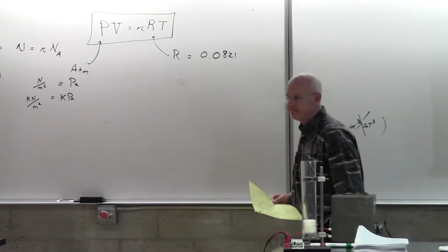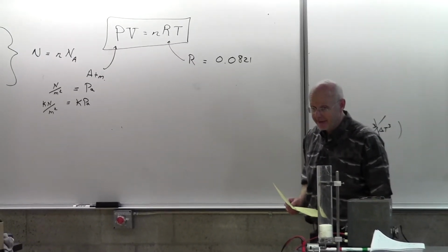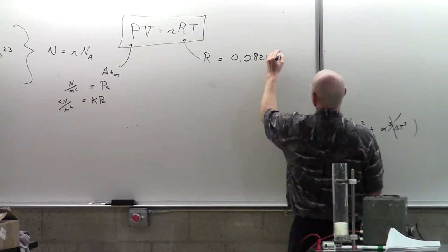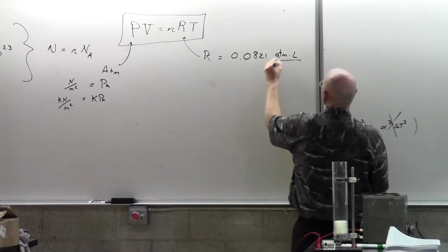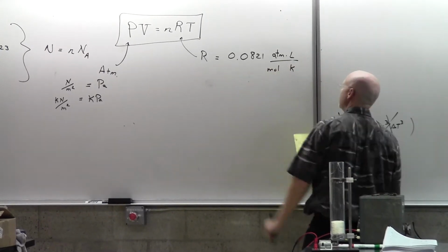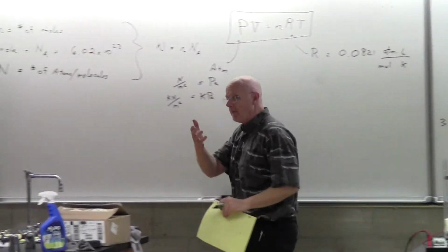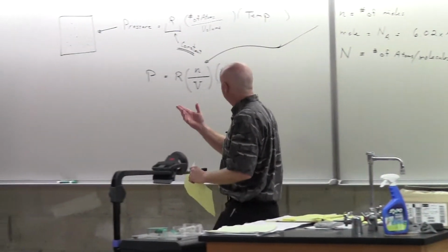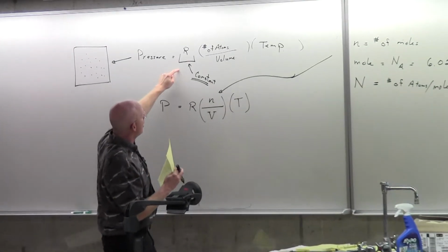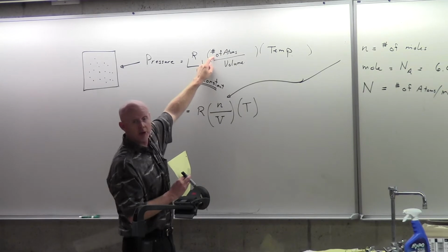0.0821. 0.0821 what? Yeah, an atmosphere times a liter divided by a mole divided by Kelvin. In other words, what you've already been exposed to was simply this: that if you take that value of R, you would need to put the number of molecules in what units?